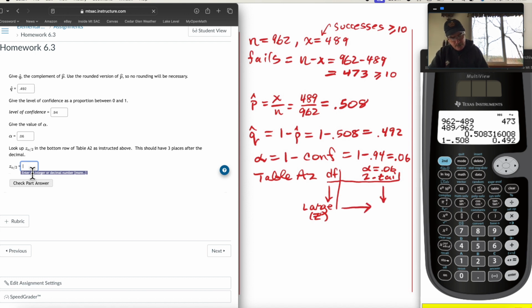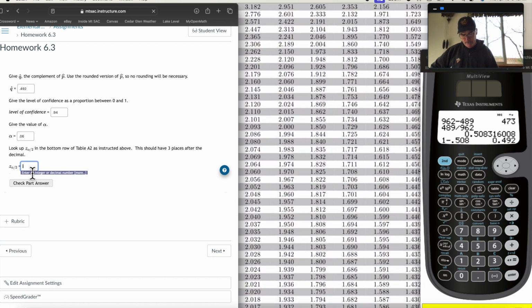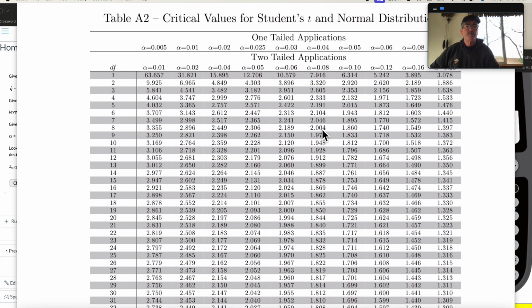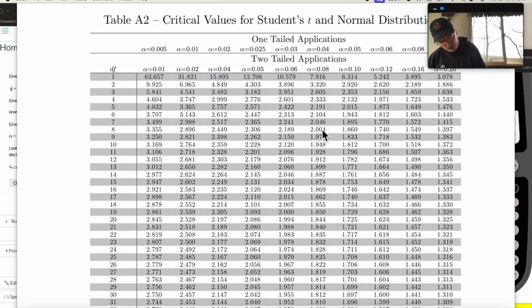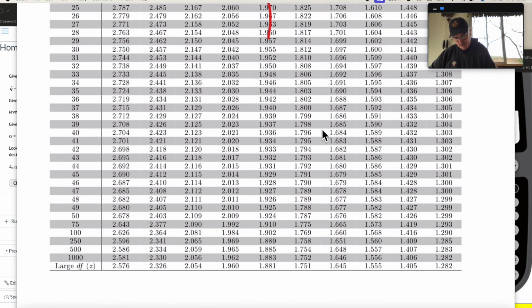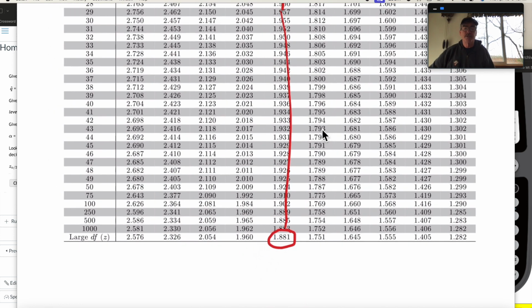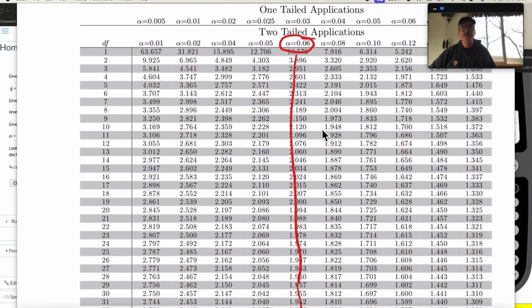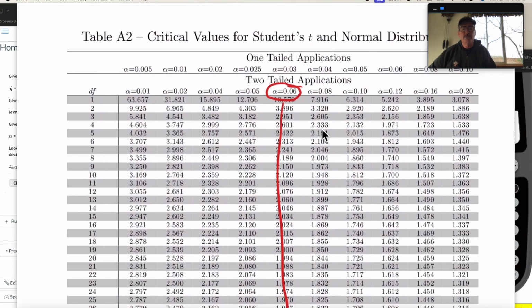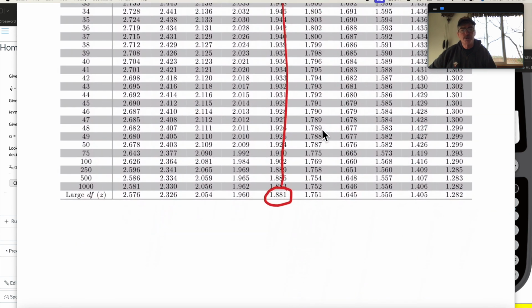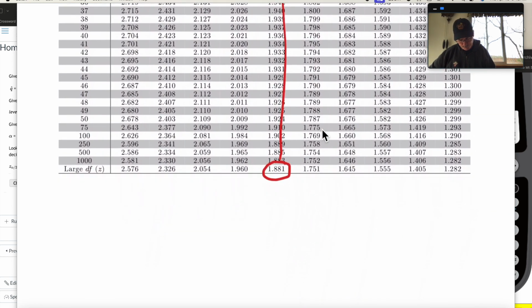And so let's go ahead and slide. I think I've got that table right up here. Okay, so with a 0.06 alpha under two-tail, just go all the way to the bottom row on that. So it's 1.881 there. Again, you're going 0.06 two tails, bottom row, so it's 1.881.